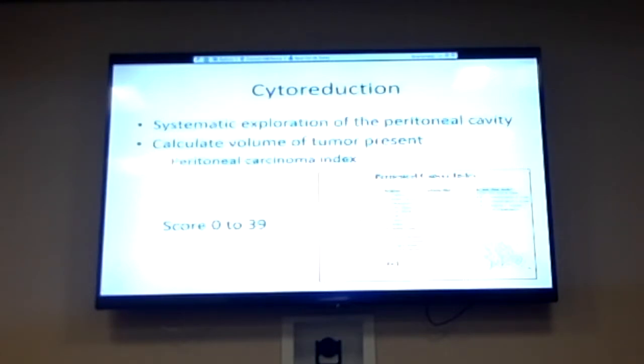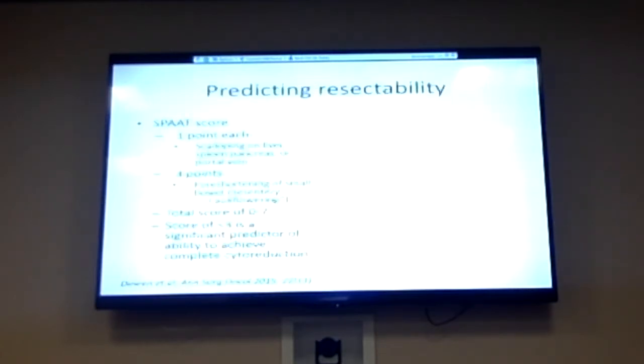You also score the entire small bowel with essentially the proximal jejunum, distal jejunum, proximal ileum, distal ileum in the same manner. And then you come up with a score of basically from 0 to 39.